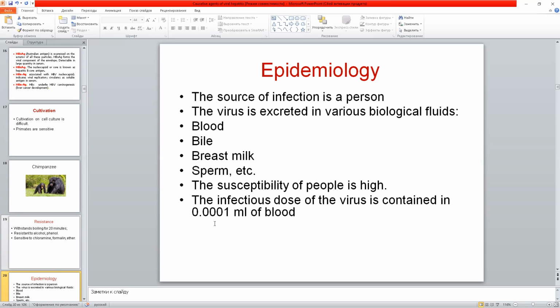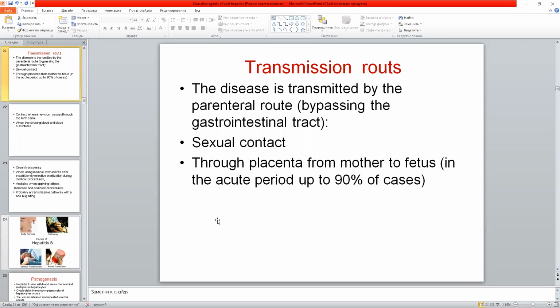The amount of virus to infect another person is contained in 0.0001 milliliter of blood. This amount is less than 1 drop of blood. So even traces of blood on some equipment are enough to infect a person. Transmission routes. The disease is transmitted by the parenteral route.